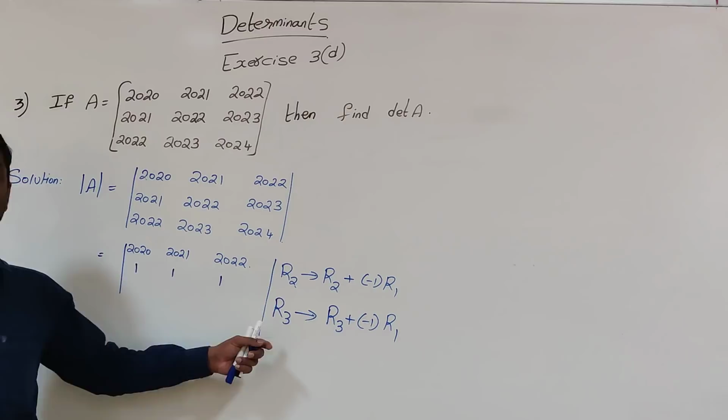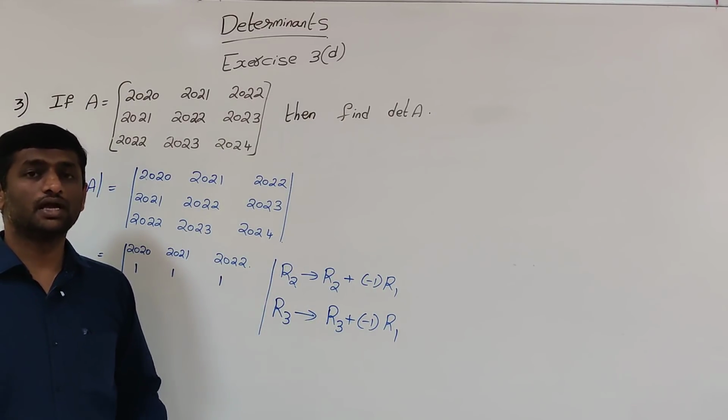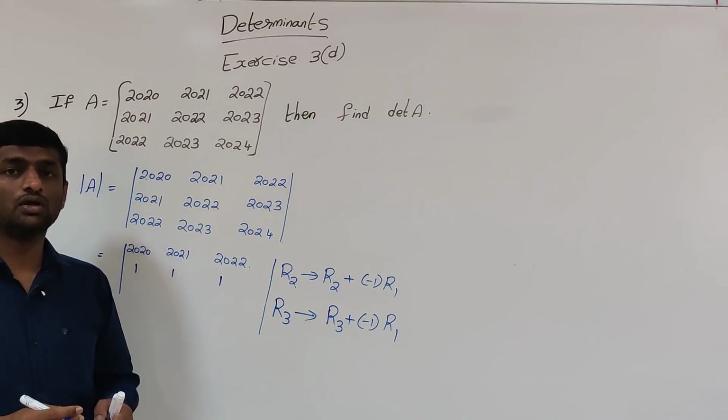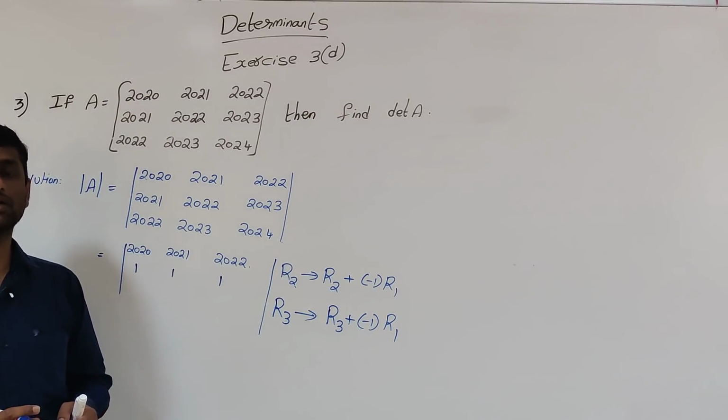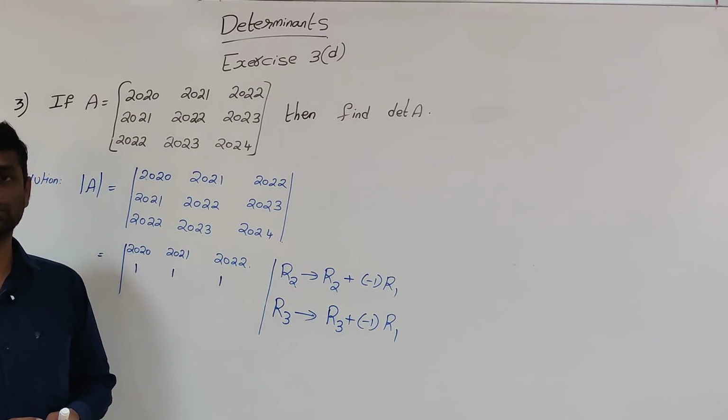We have seen the property that if the elements of a row are added with k times another row, the determinant does not change.